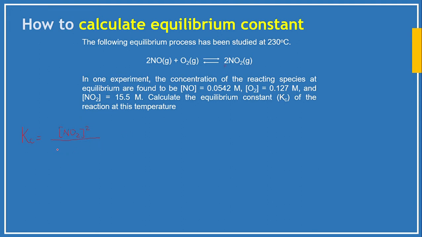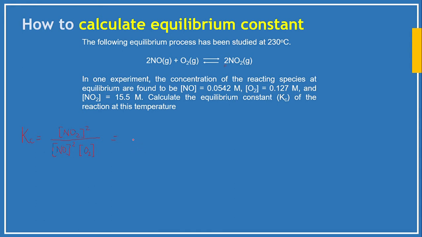And then, NO squared times O2. Okay? Now, to solve for Kc, all you have to do in this type of problem is plug in all of the given. Okay? So, solve na natin.